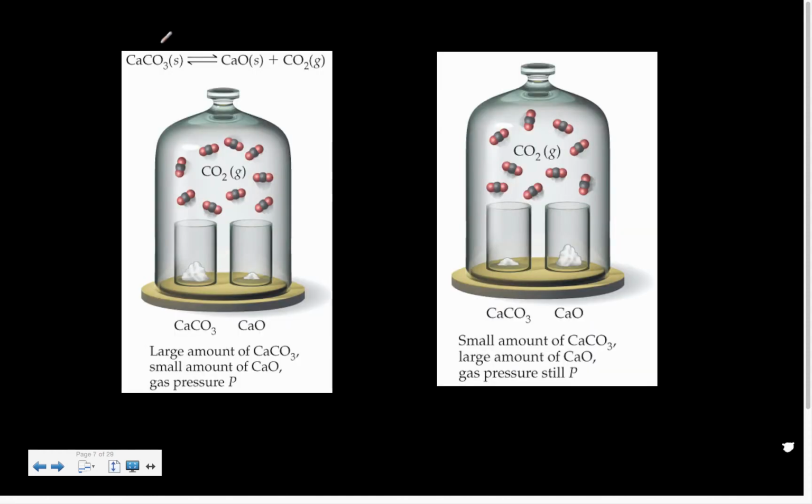As a point of reference, here is this equation, where we have a pure solid and a gas, which means that the K expression here is actually K equals CO2. Which means that as long as I have some of both of these present, I will reach equilibrium, and that equilibrium will be represented by the same amount of CO2.